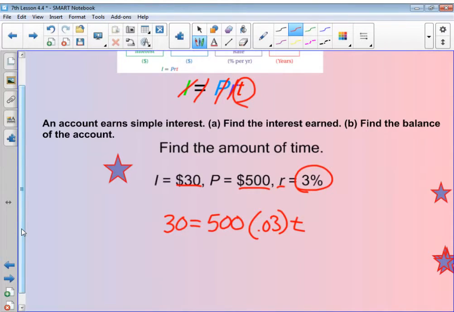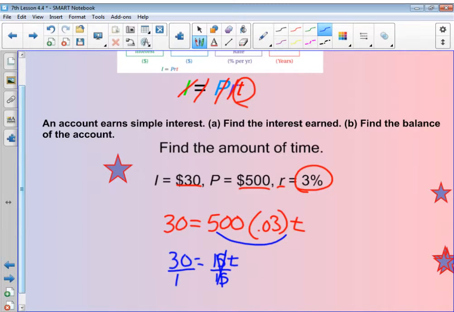Okay, so now we're going to simplify. So I have 30 equals 500 times 0.03, which is going to give me 15. And then my T is left over. So now to get the T by itself, we're going to divide by 15.